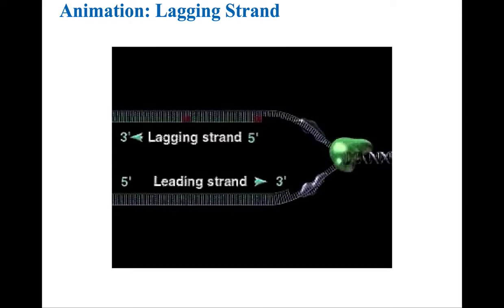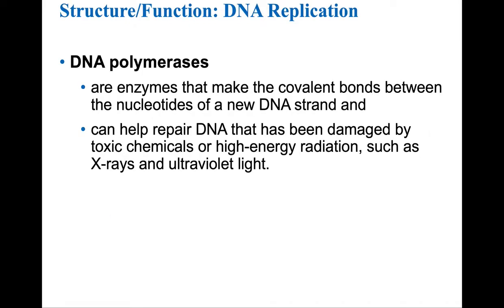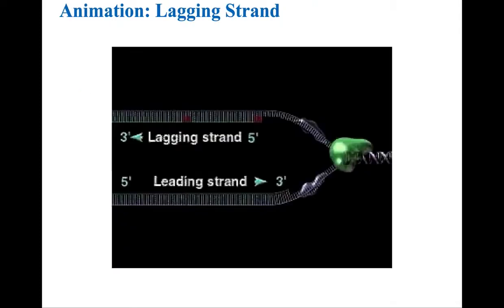Now, one of the chemicals that I passed up intentionally because we're not watching the videos yet is this guy right here called DNA polymerase. It's an enzyme. So DNA polymerase can only add in the direction of 5 to 3. So it can only add pieces in the direction of 5 to 3.